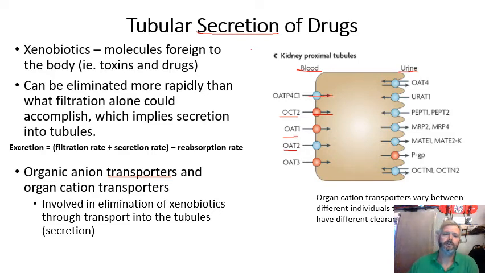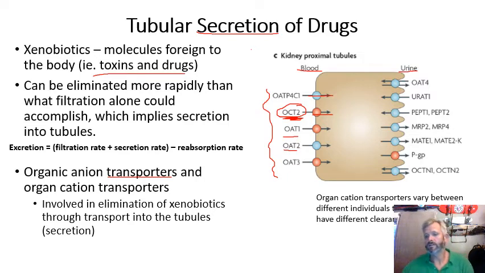What's unique about these toxins and drugs being removed is that the amount of these transporters varies quite readily between individuals. If a drug is removed via this OCT, somebody that has more of these would secrete more into the lumen, and therefore would clear this drug out of the blood more quickly.